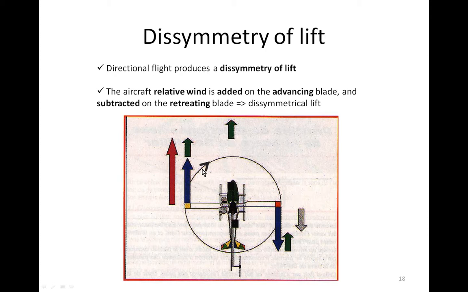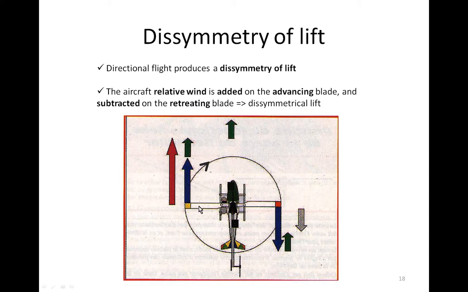The rotor turns clockwise, and it has a rotating speed shown with a blue arrow. So blades also have a rotating speed symbolized with a blue arrow.